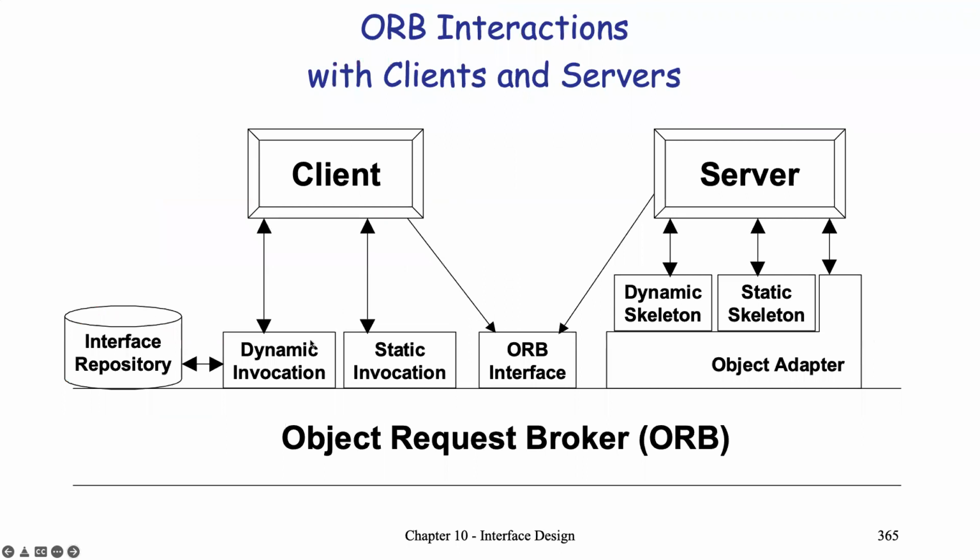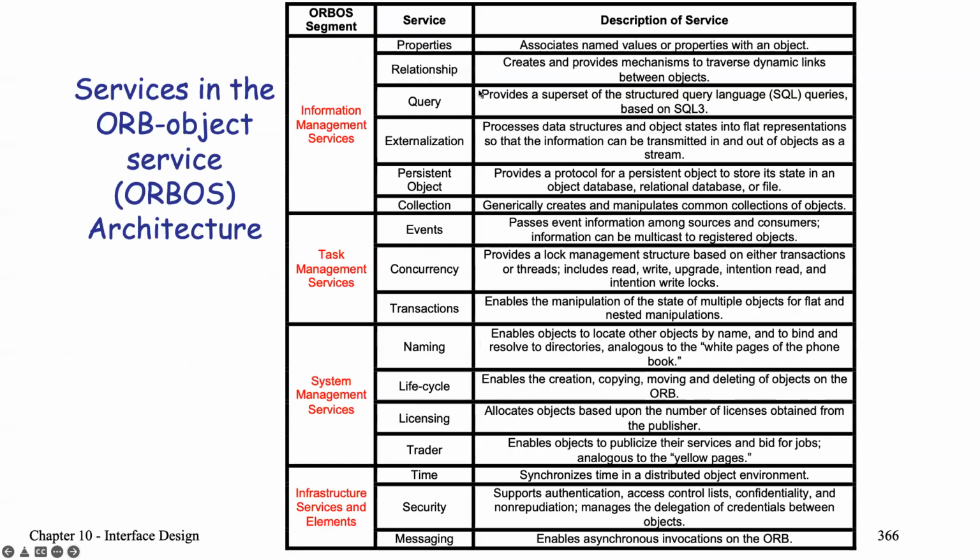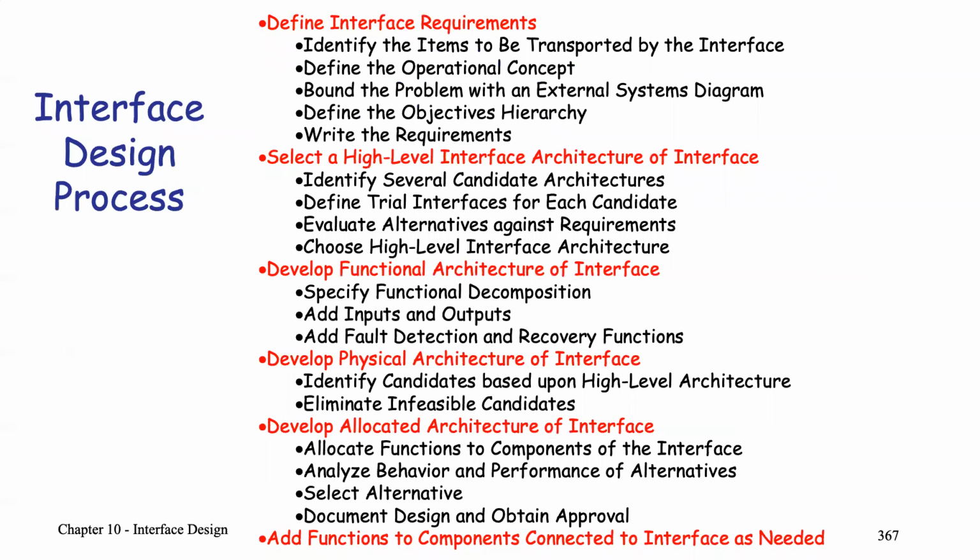This is just an illustration of what that would look like for ORB interactions with clients and servers. And then we have the services in the ORB object services architecture. Once again, I'm not going to go through this, but it is available if you want to go into it in more detail.